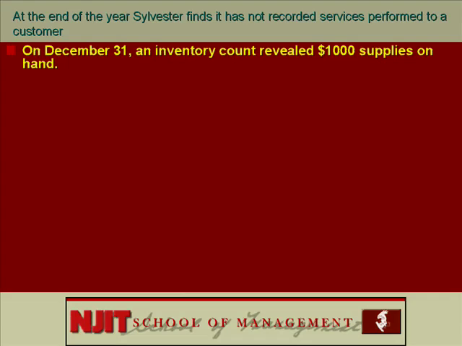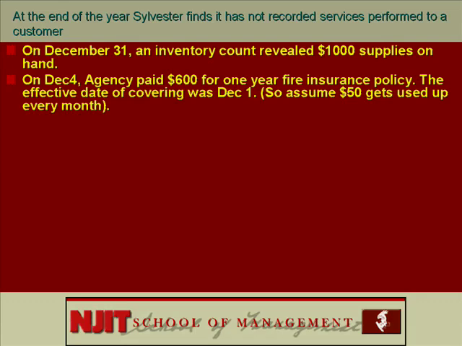On December 31, an inventory count revealed 1,000 supplies on hand. December 4th, the agency paid $600 for a 1-year fire insurance policy. The effective date was December 1st. So just assume $50 gets used up per month.